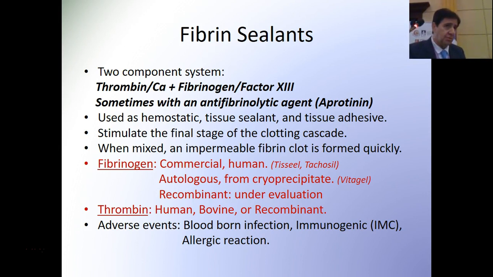And the other aspect of those fibrin sealants is that in the package we would have the thrombin, and we need to have an autologous fibrinogen, from the patient's plasma. So there are some commercial kits to do that.